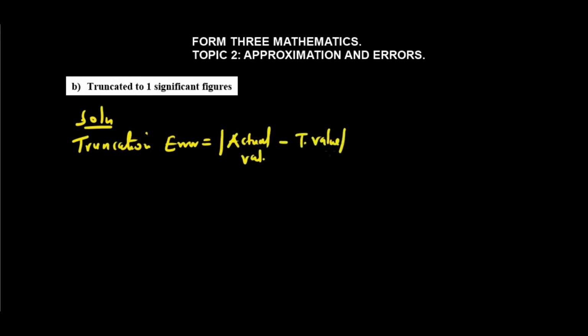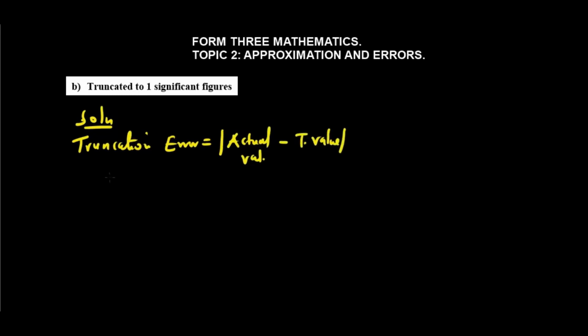Well, for part B, we are going to talk about the truncation error. So first, truncation error is just the absolute value of the difference between the actual value minus the truncated value.